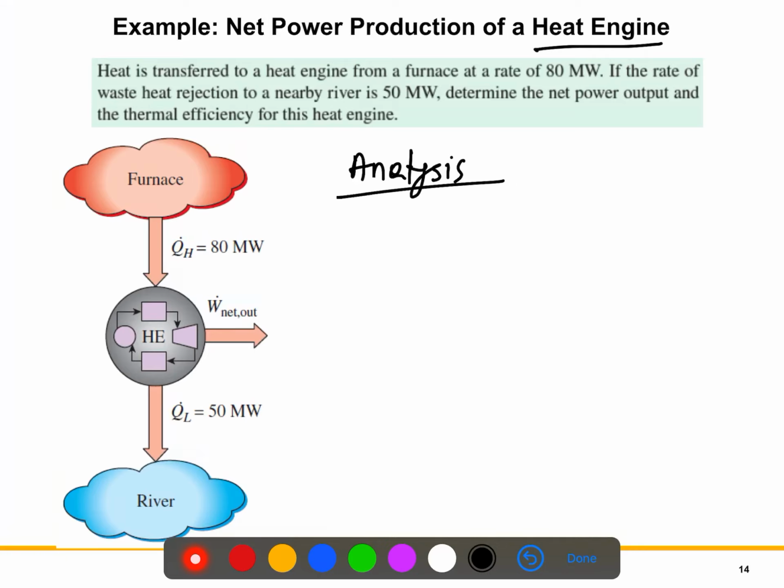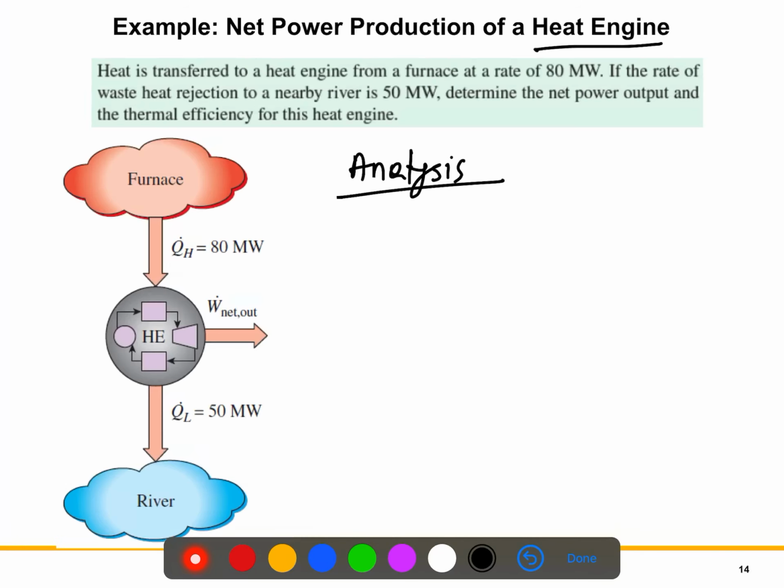Here the furnace is the high temperature reservoir, the heat reservoir we discussed earlier. That's why we use Q_H, the hot or the high.